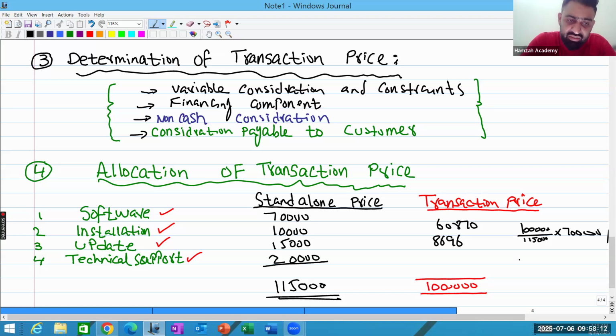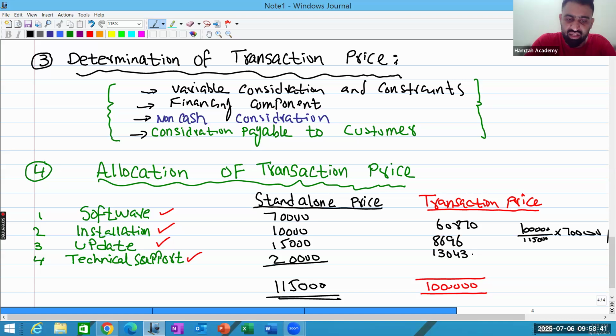Then for updates, $100,000 divided by $115,000 into $15,000 will give you $13,043.